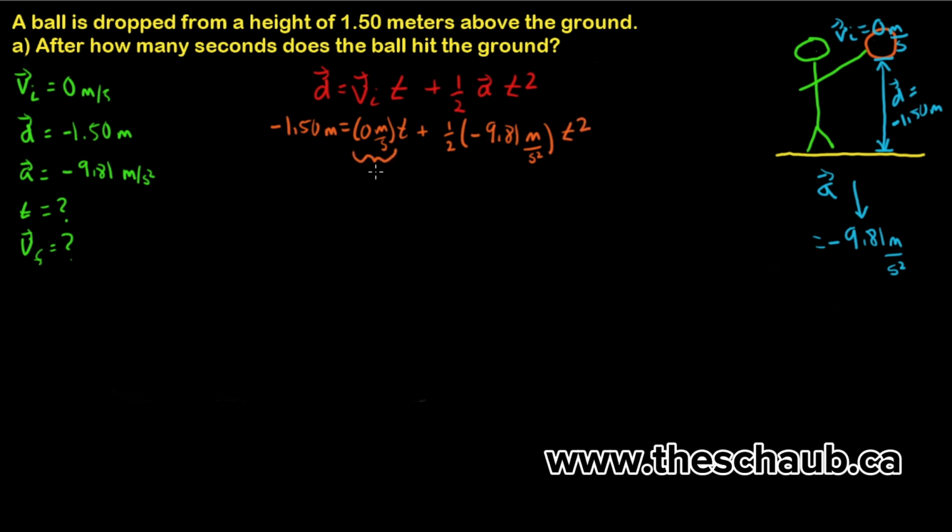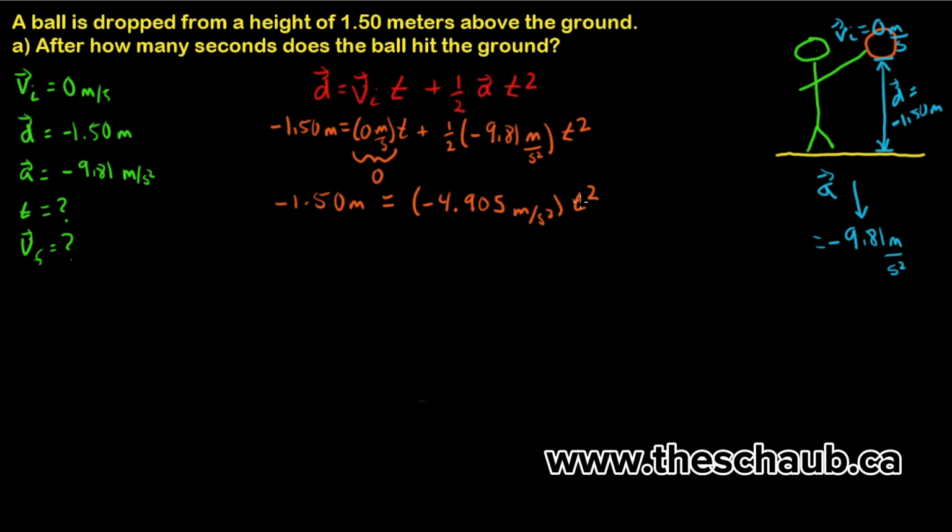This term here is 0. So we rewrite this as negative 1.50 meters is equal to 1/2 multiplied by negative 9.81, which is negative 4.905 meters per second squared, multiplied by t squared.